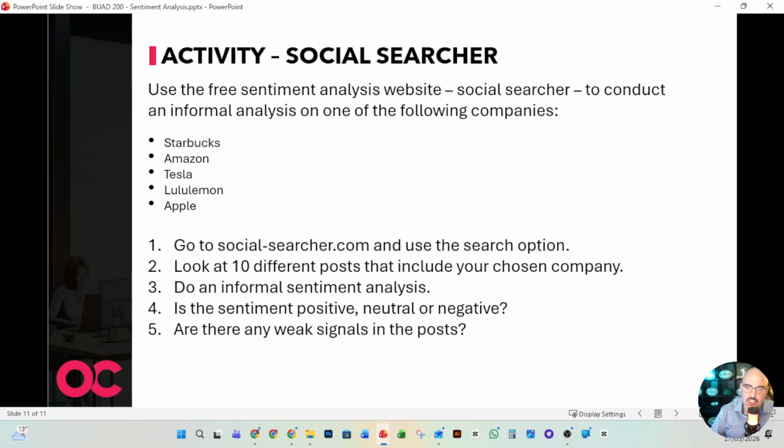That is essentially the basis of an informal sentiment analysis. We do it all the time when we're looking at our comments. It's something that people do just personally, not just companies. But as a company, we need to keep track of it because it can give us information for strategy in the future.